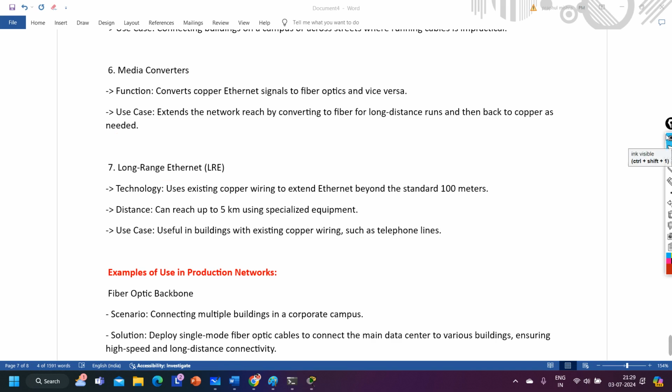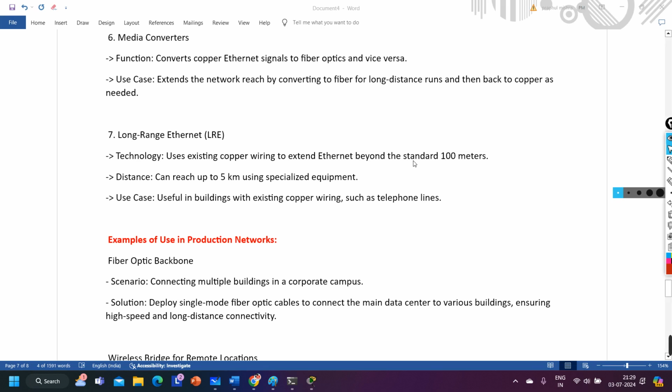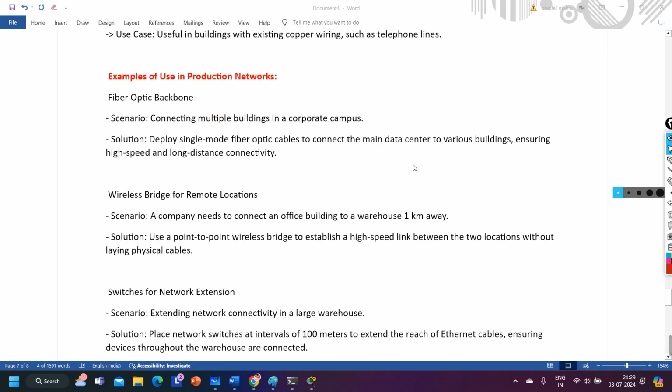Not important, you can ignore it. But now you have this knowledge at least, that there is one device called a media converter, through which I can convert an electrical signal into an optical signal and an optical signal into an electrical signal. That's it.